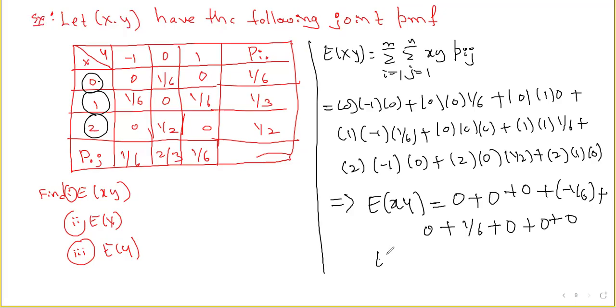So what we get, expected value of xy is equal to minus 1 by 6 plus 1 by 6. So minus 1 by 6 plus 1 by 6, 0, right?